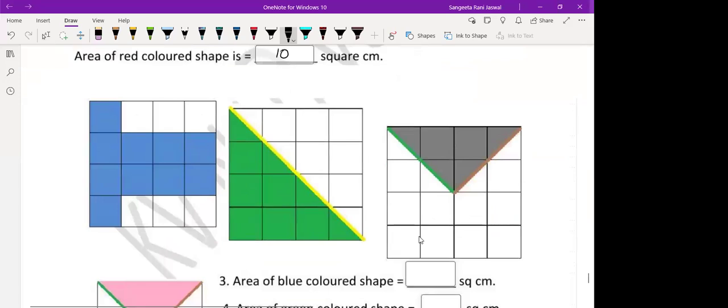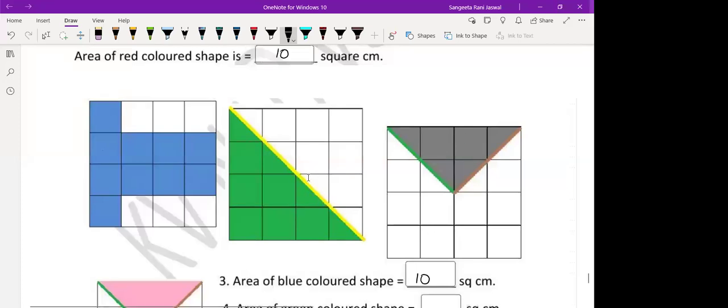Now you will count how much is the area of this blue colored shape. 10 centimeters square. 1, 2, 4, 5, 6, 7, 8, 9, 10. Okay, good.